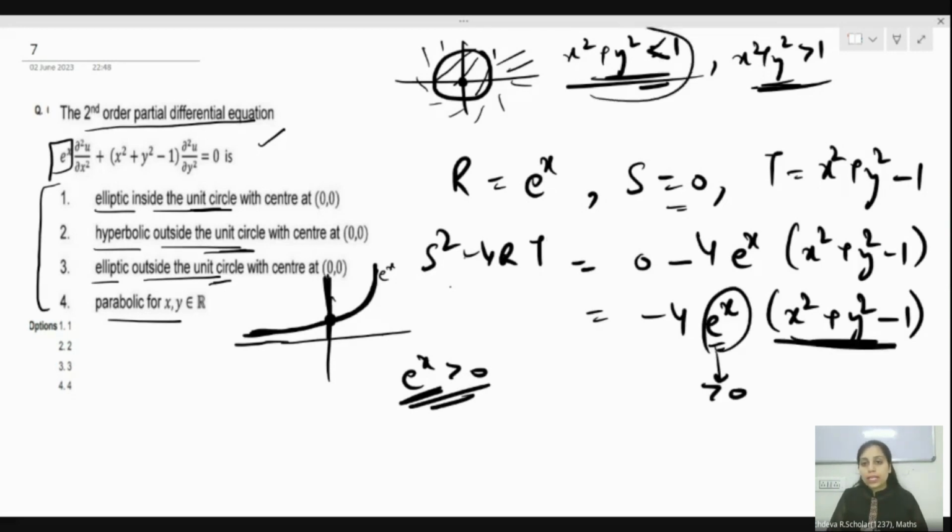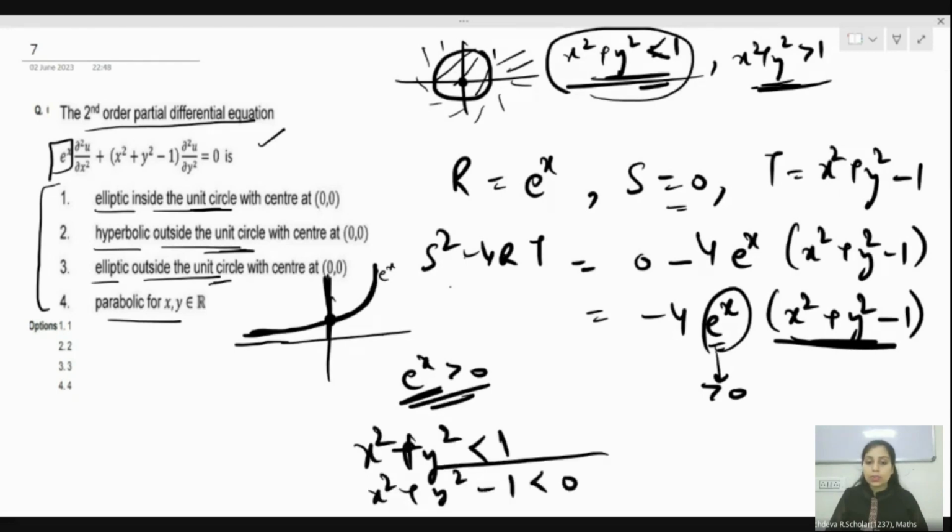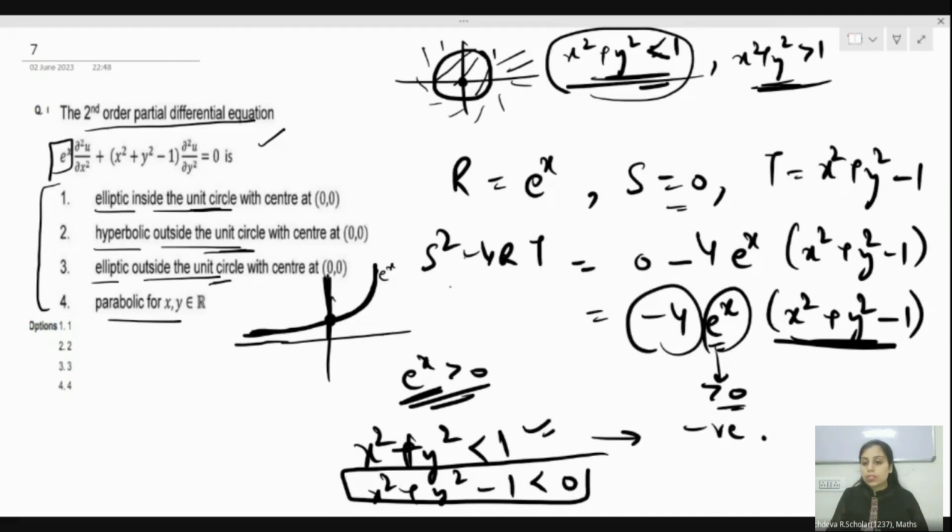When we are taking the interior of the unit circle, x square plus y square less than 1. In this situation, x square plus y square minus 1 is less than 0. So in the interior of the unit circle, this will become negative into positive into this, which is also negative. So negative, positive, negative is positive. Negative, negative, positive, that means greater than 0.